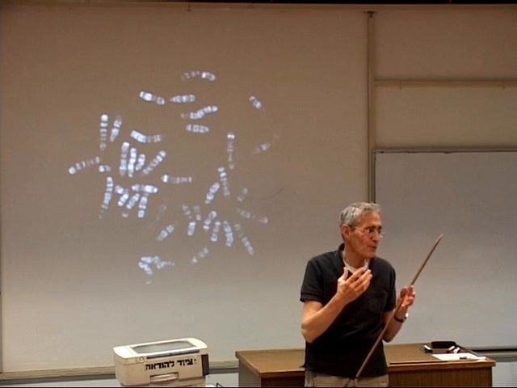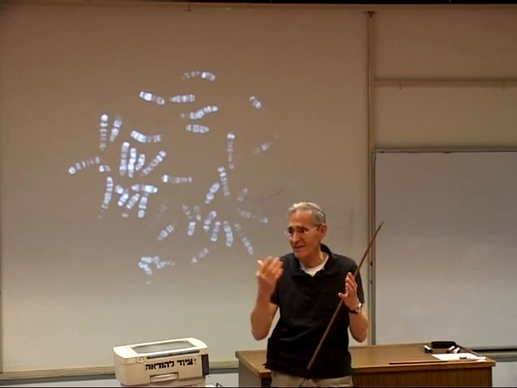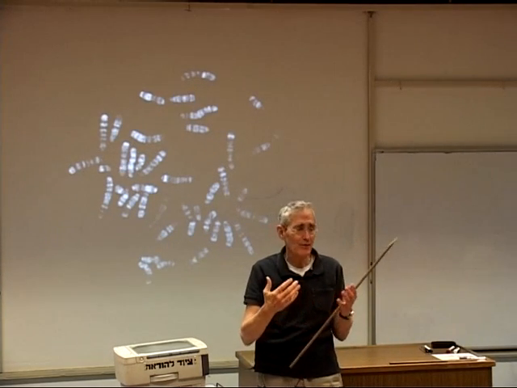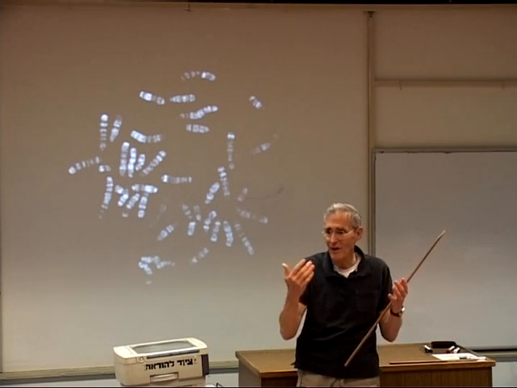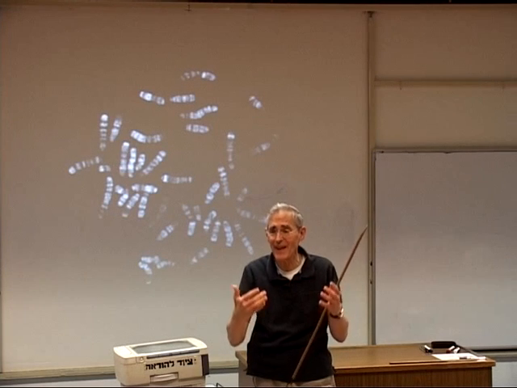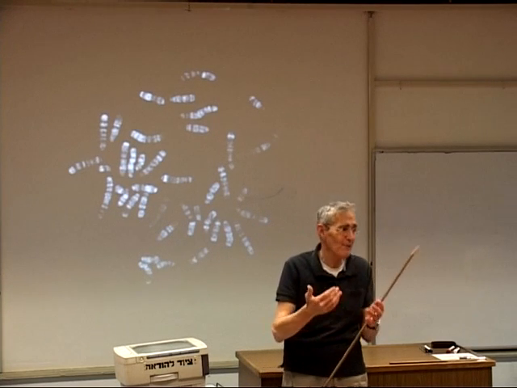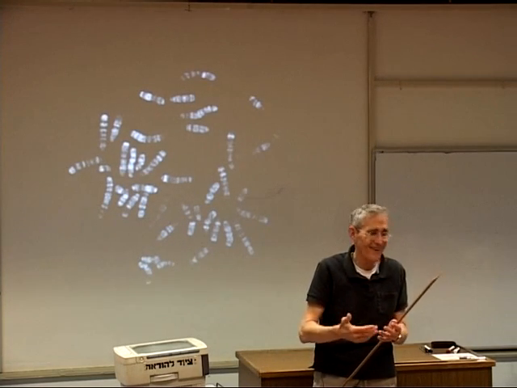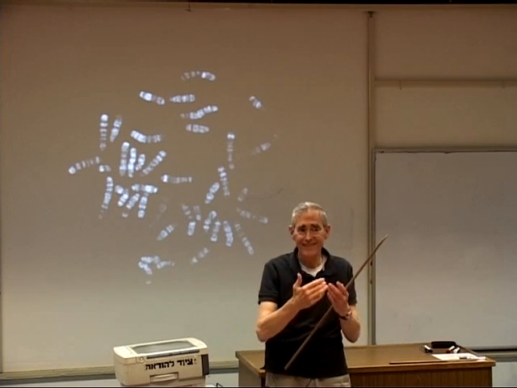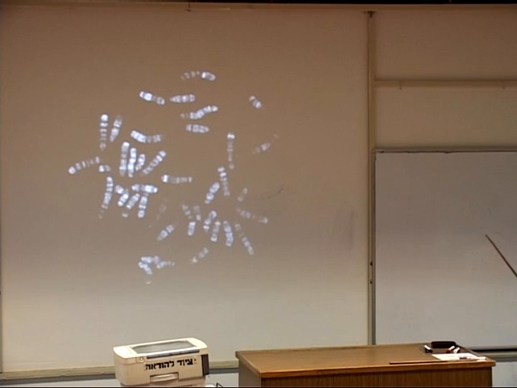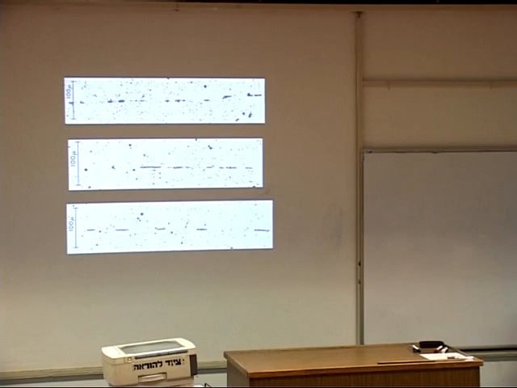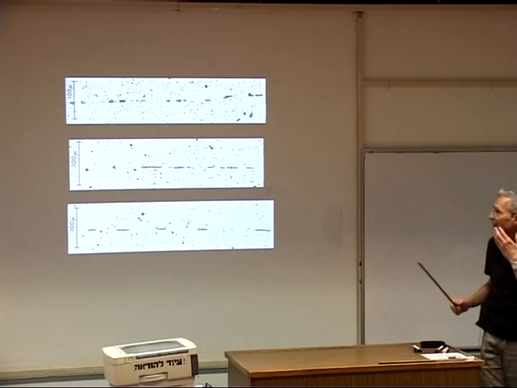And they represent some sort of activity type unit. The regions that are early replicating, for instance, are more open, DNase sensitive and active, whereas regions that are late replicating are less open and relatively inactive. So there's a correlation between replication timing and gene expression.